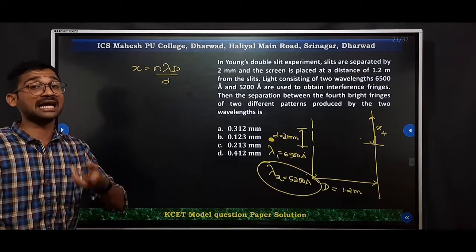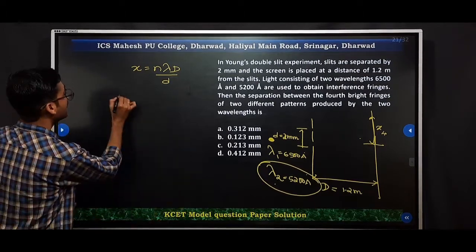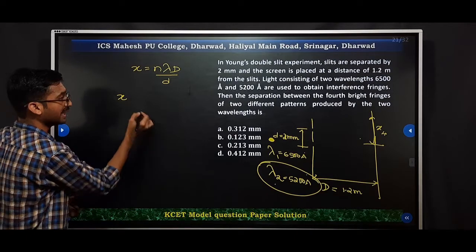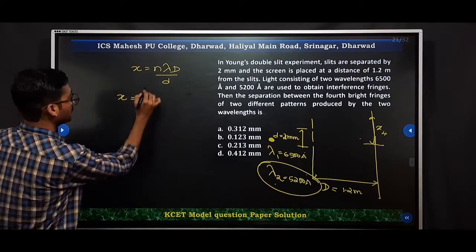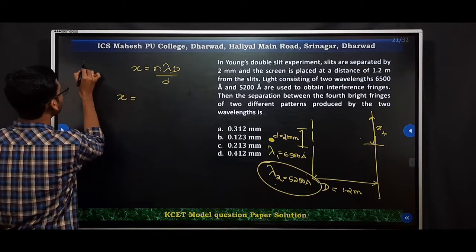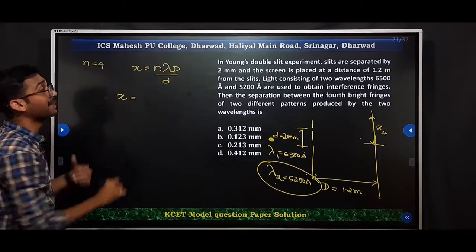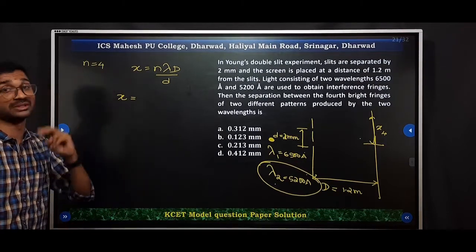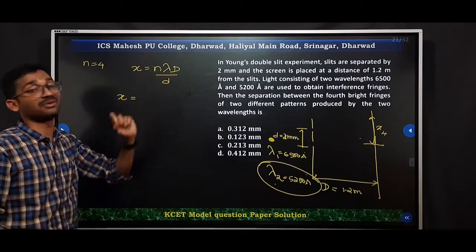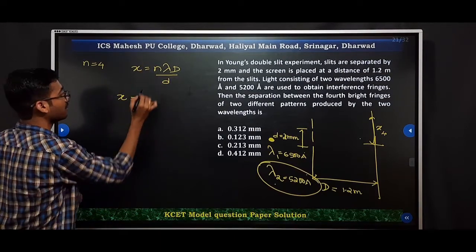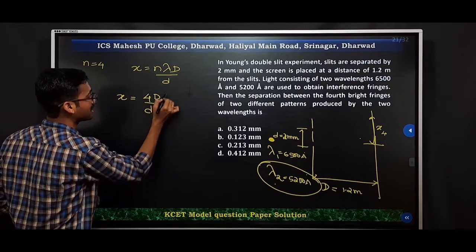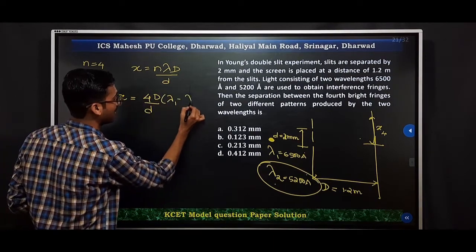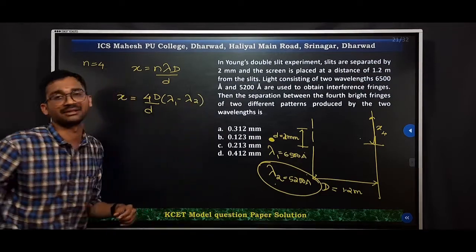As here we have two sources of light, x is equal to, n can be written as 4. Both capital D and small d are constant, therefore 4 D whole divided by small d into bracket lambda 1 minus lambda 2, we have to solve it.